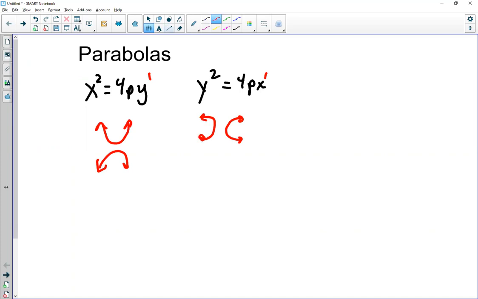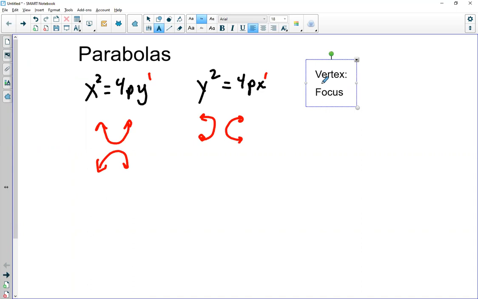And then in these questions, you need to find 3 things when you're graphing: the vertex, the focus, and it's just the focus because there's only 1 point, versus the other conics that have foci, 2 points, and the directrix.